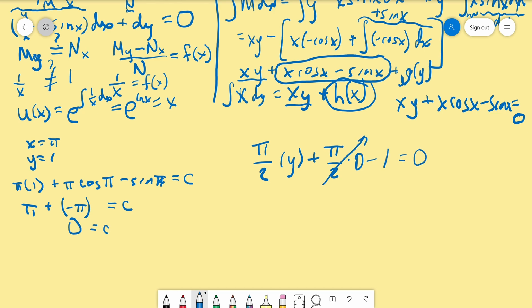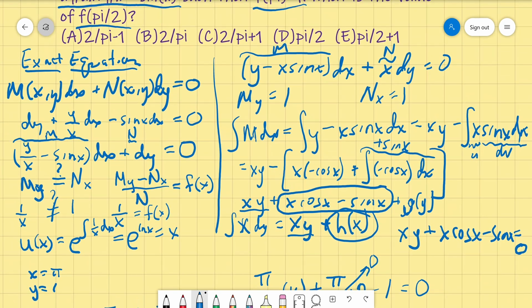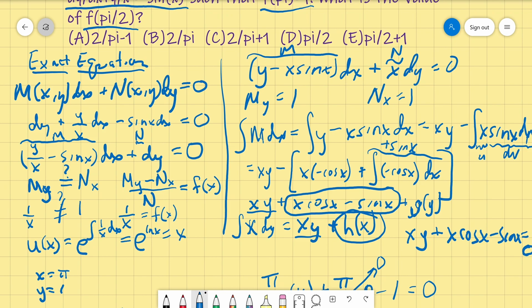So this part cancels out, that's 0, and we get pi over 2 times y minus 1 equals 0, so y has to equal 2 over pi. Is that one of the answers? Yeah, that's B.